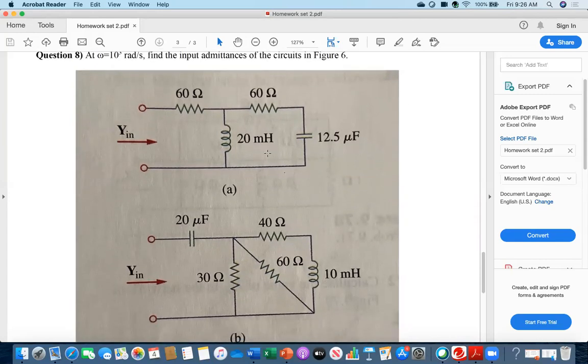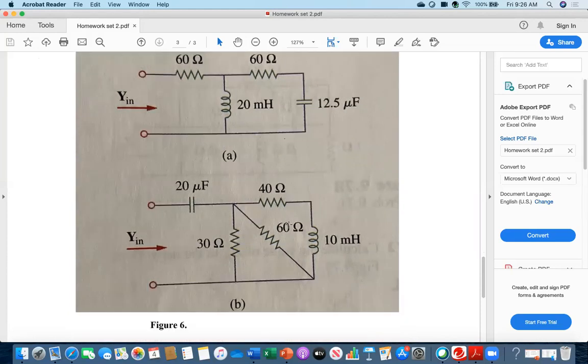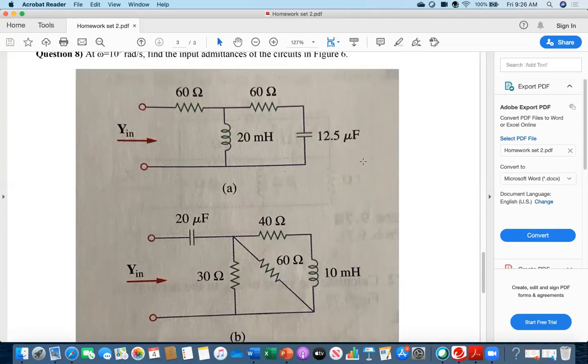Look at this one: the 60 is in series with this one, then parallel, and then series. Same thing here. You can treat this one in series, then parallel, again parallel, series. So you just go with that series-parallel combination.